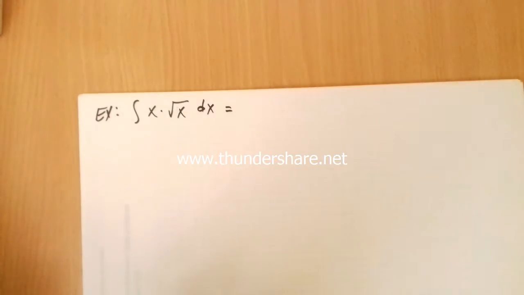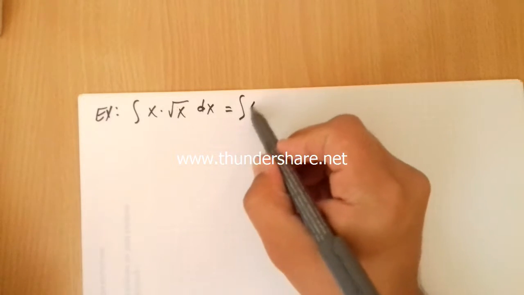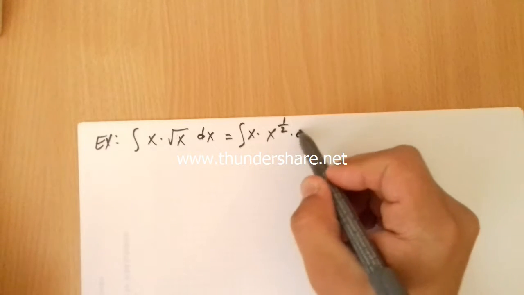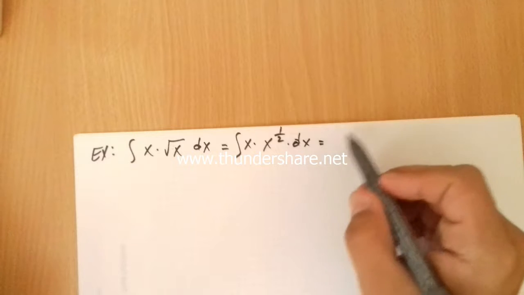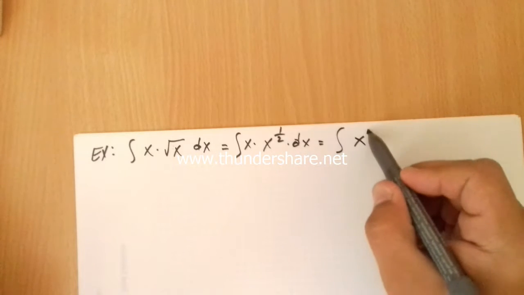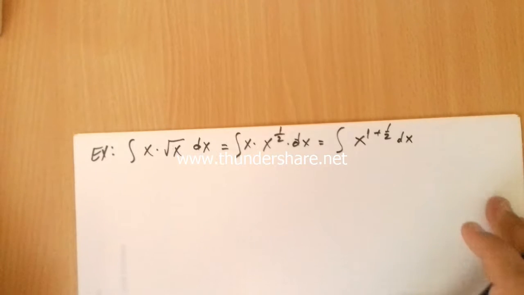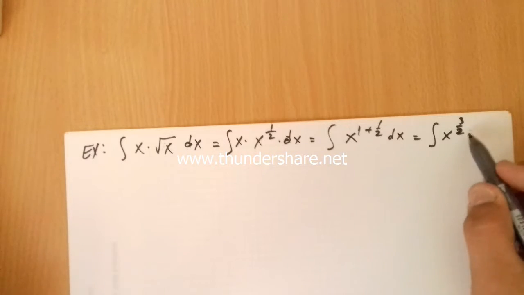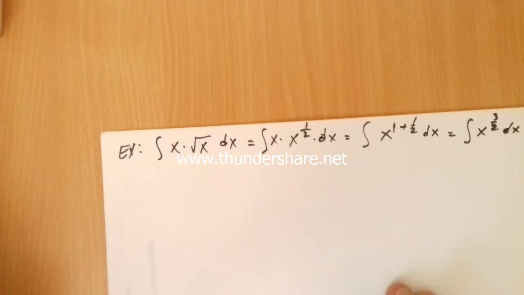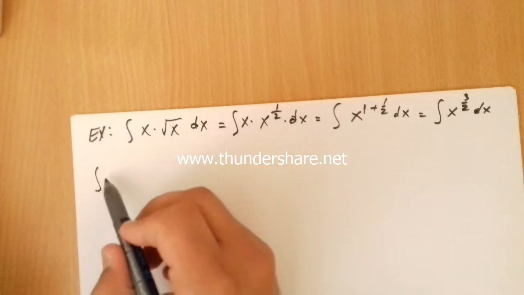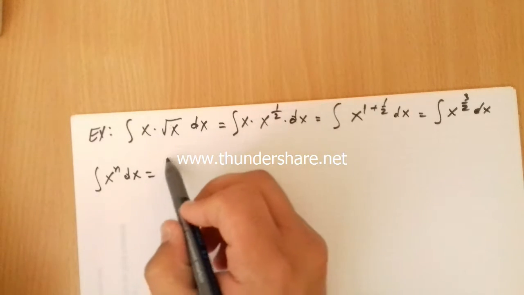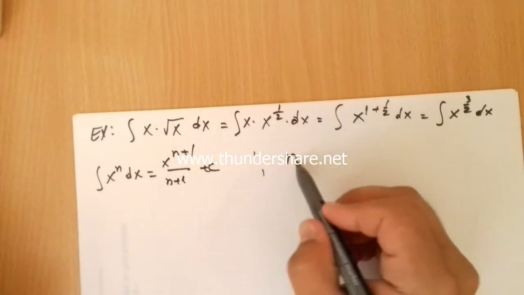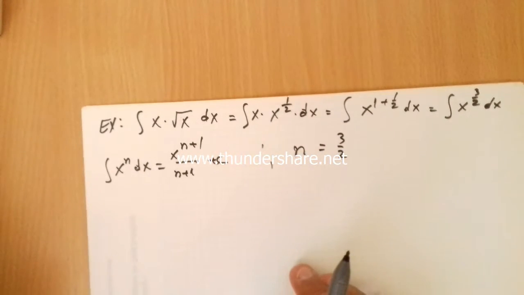So what we do is, x times the square root of x is x to the power 1.5, so this is the integral of x to the power 1 plus 0.5 dx, the integral of x to the power 3 over 2 dx. Now we apply this formula, the integral of x to the n dx is x to the n plus 1 over n plus 1 plus c, where n is now equal to 3 over 2.